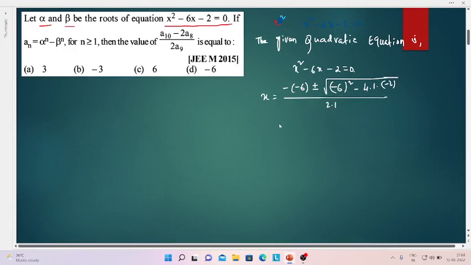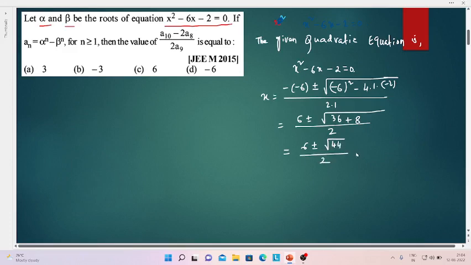2 times 1. So it will be 6 plus minus root under minus 6 whole square will be 36, and minus times minus will be plus, and 4 times 1 times 2 will be 8, right? Upon 2. So the value will be 6 plus minus, if we calculate 36 plus 8, it will give us 44, right?